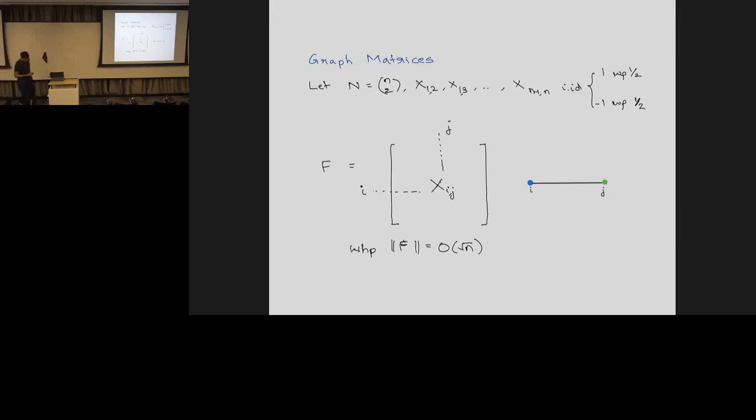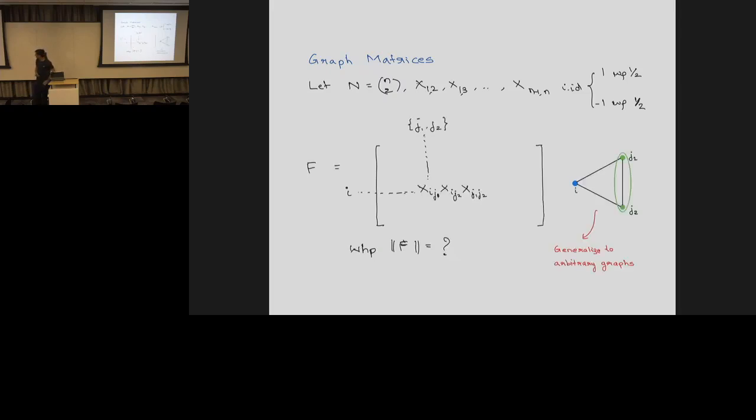The questions that come up in these semi-definite programming estimates are somewhat fancier versions of this. So let's look at this: a matrix where the rows are indexed by i, and the columns are indexed by j1 and j2, say a subset.